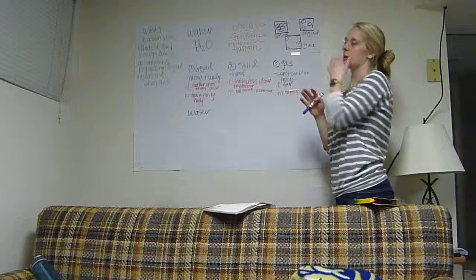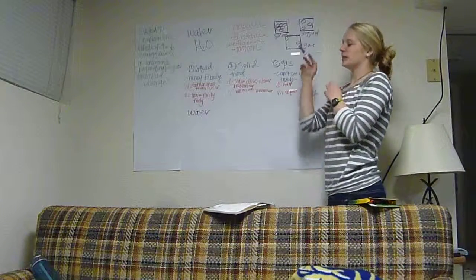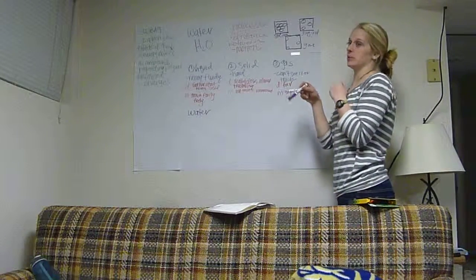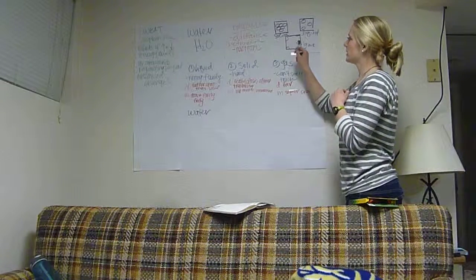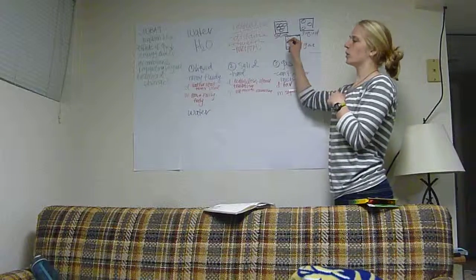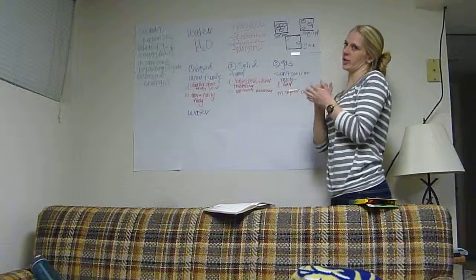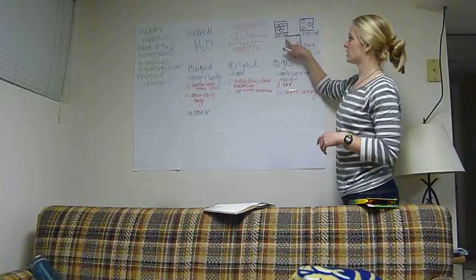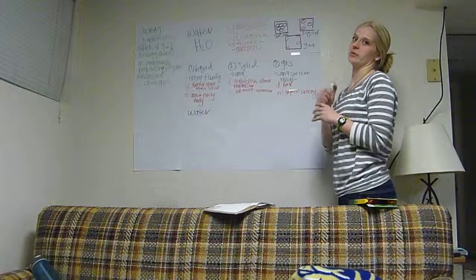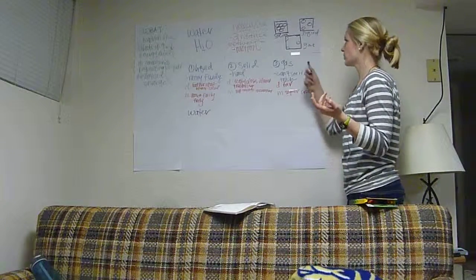The important thing to look at between a gas and a liquid is the distance between the particles. Between this particle and this second particle, is there more or less distance than the distance between these 2 particles and the others? More. There's more distance, exactly. So if there's more distance between the particles, what phase of matter would this be? Gas. A gas. Perfect. So this is our gas.